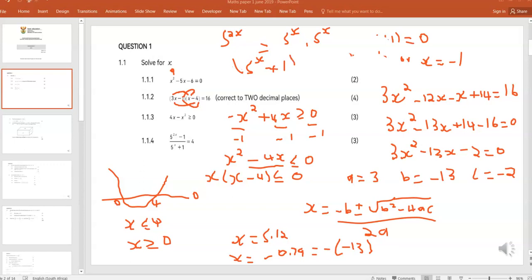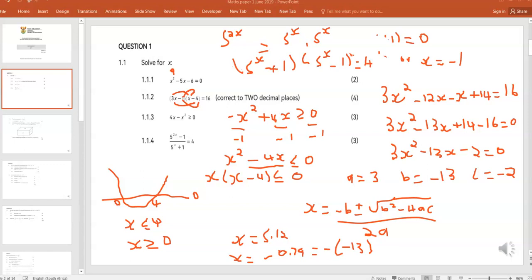And then the other one will be 5 to the power of x minus 1, our two different solutions. And remember, the whole thing is equal to 4.